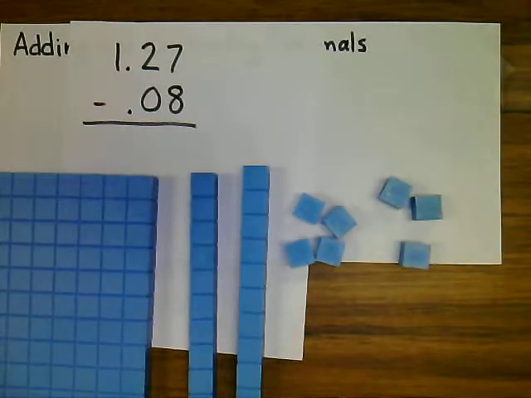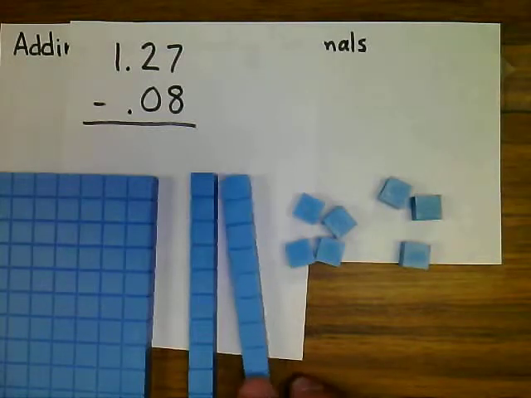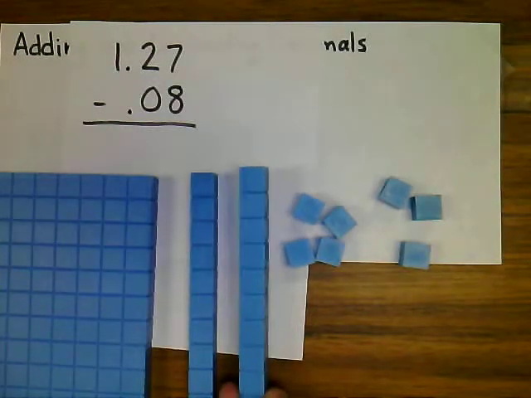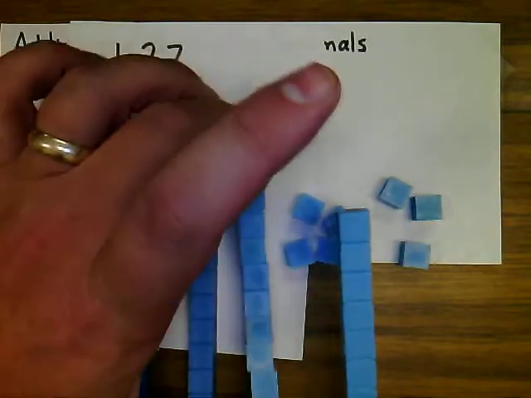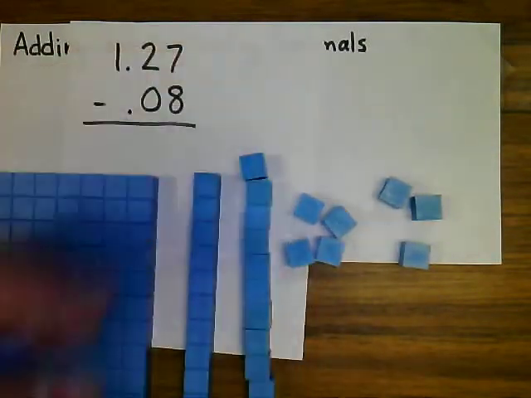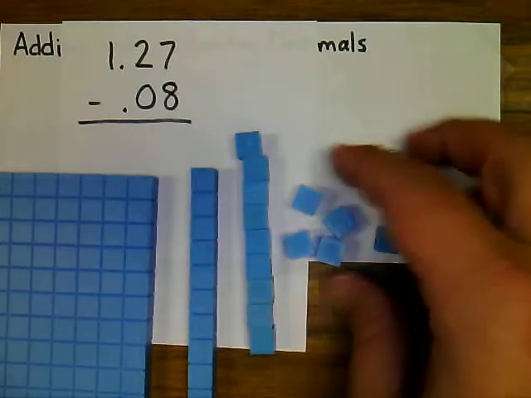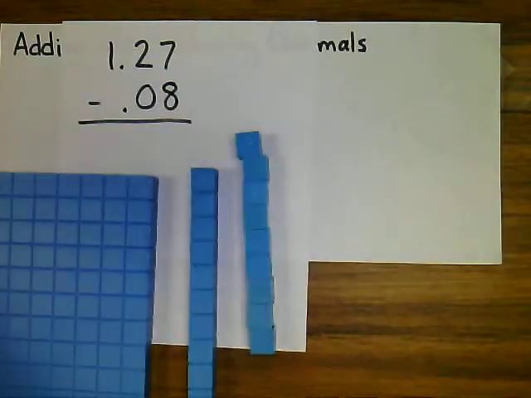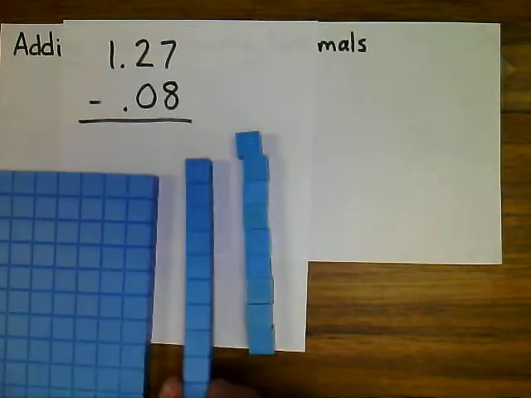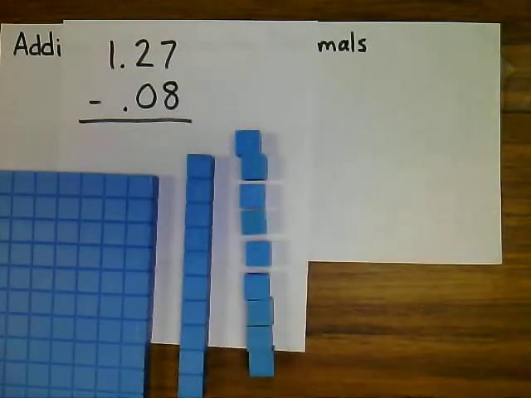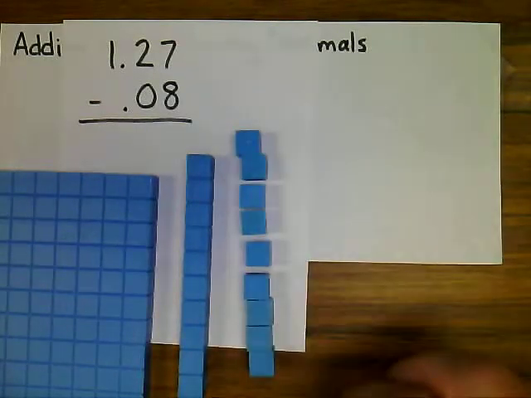So I'm going to make a trade. I'm going to trade this one rod that shows 1/10 and change it to 10 hundredths. So now I can go ahead and take the 8 hundredths I need. You'll see what's left is 1 and 19 hundredths.